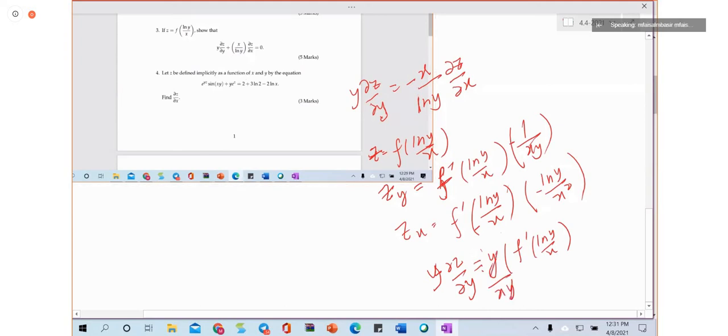We have 1 over x f prime of ln y over x.